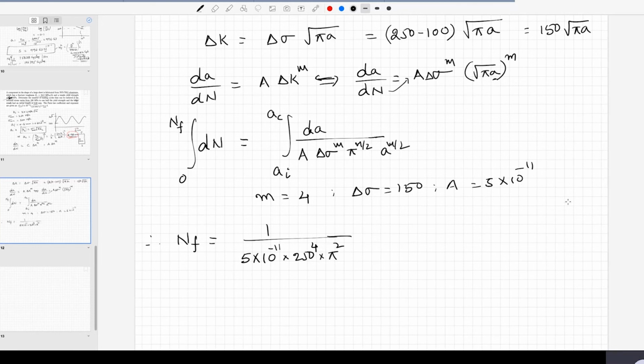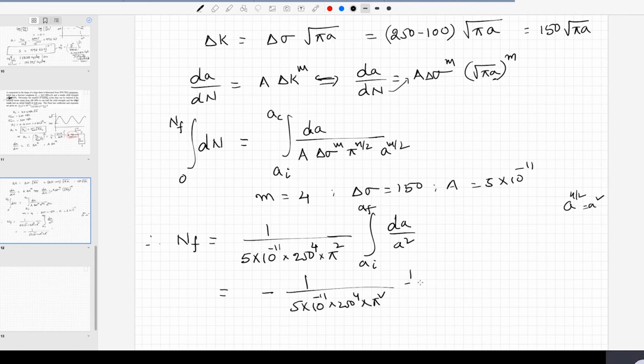A power M by 2 becomes A 4 by 2, so A square. So this becomes integral dA by A square, AI to AF. So that is equal to minus 1 over that factor, times 1 by AF minus 1 by AI.